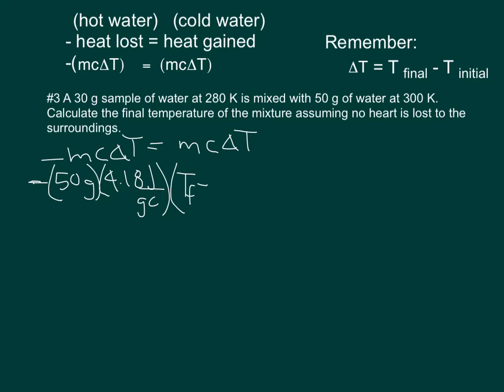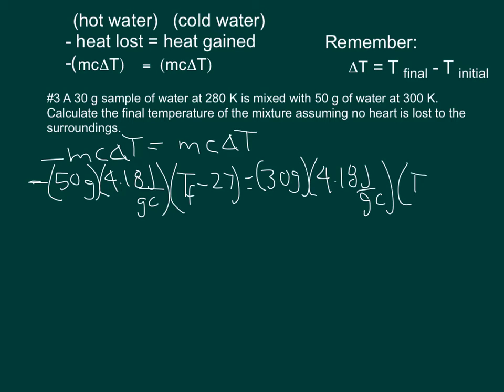And that is going to be 27. On the other side, we're going to use 30 grams for the cold water times the same specific heat for water, 4.18 joules per gram degree Celsius. And then we're going to use the same formula again, TF minus the TI. And in this case, it was a 7.